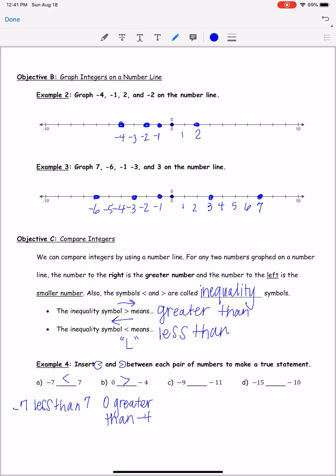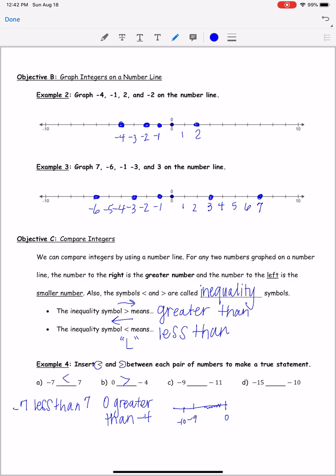Now, when you have two different negatives, it's very tempting to say that this -11 is bigger because 11 is a bigger number. But when it comes to negatives, you almost got to think opposite. When you're looking at that number line, you've got 0 down here. You've got all of these negative numbers here in the middle. Then we've got -9.